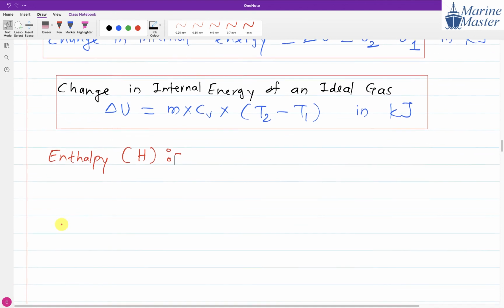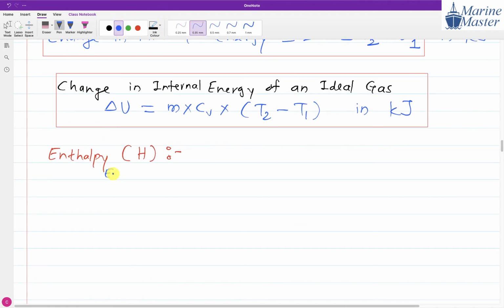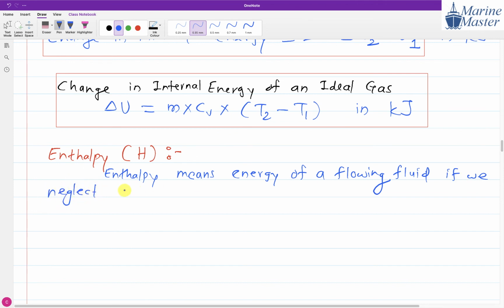Now what is meant by enthalpy? Enthalpy means the energy of a flowing fluid, like river water, if we neglect the kinetic energy and potential energy of the fluid.